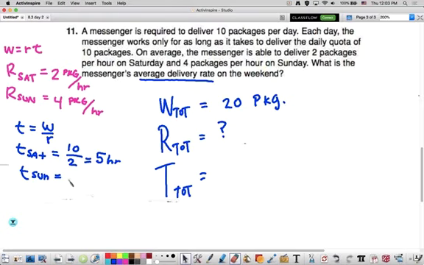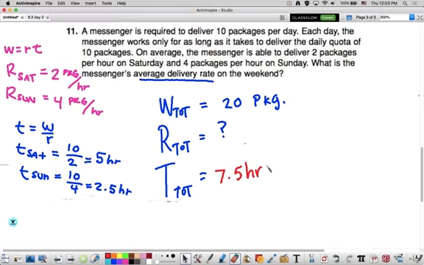Well, how many packages? 10. How fast? 4. So that means it's 2.5. So let's see, what else do we need to do? That means the total time then would be 7.5.